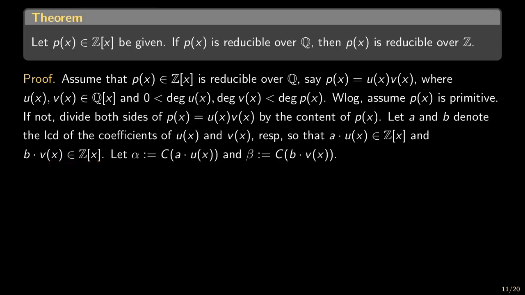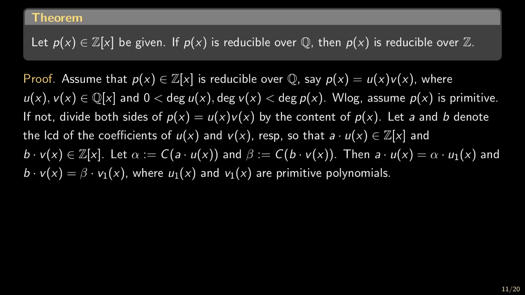Now you have new integer polynomials, so they have their own contents. Let's call alpha the content of the resulting integer polynomial when you multiply a by u of x, and beta the content of the resulting polynomial when you multiply b by v of x. As you can see, a times u of x is equal to alpha times u1 of x. When you look at this polynomial, the content is alpha.